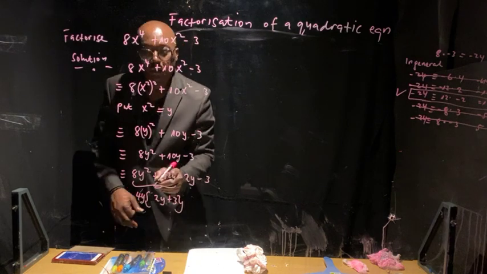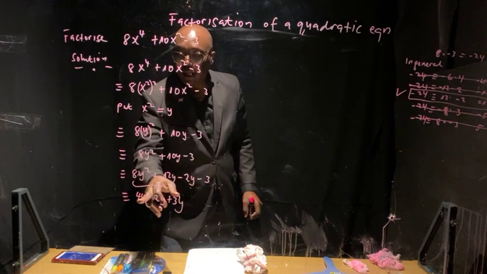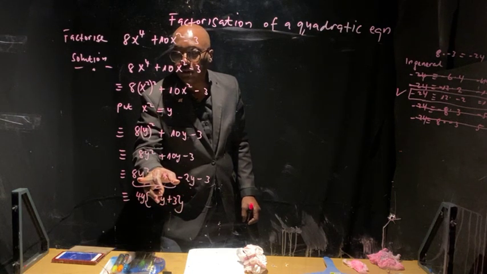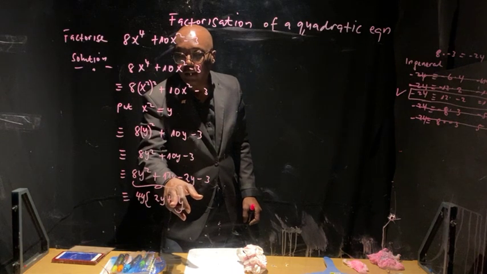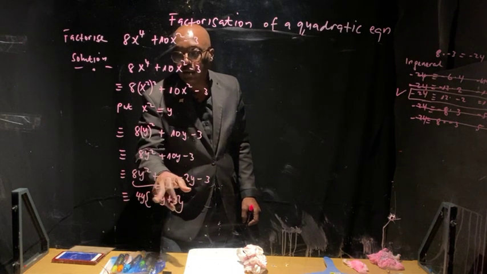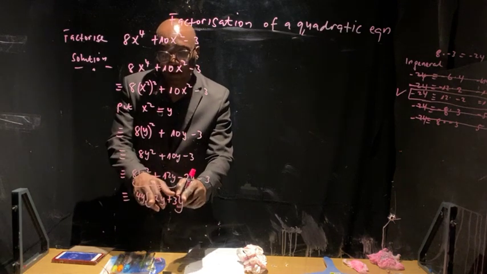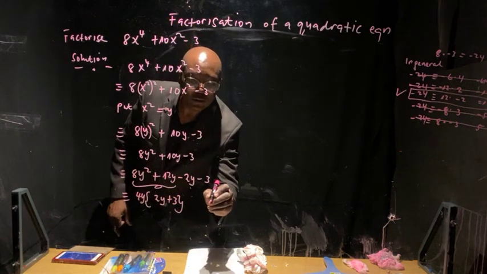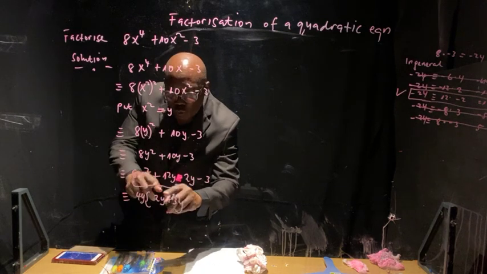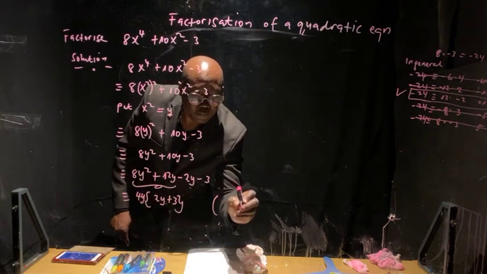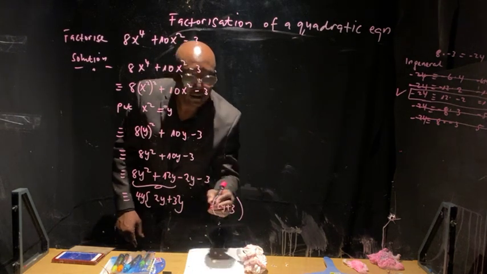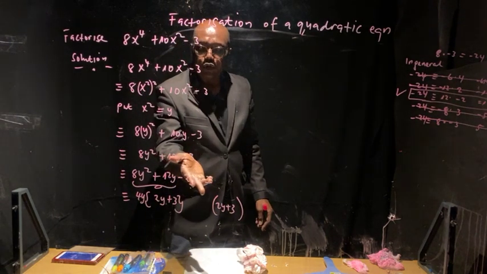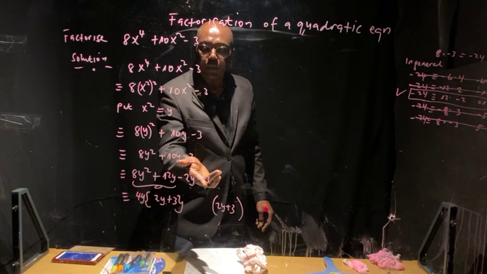Good. Very good. By any means, 4y times 2y is equals to 8y squared. 4y times plus 3 is 12y. This one that I have here, I will impose it here. So me trying to impose this one here, it becomes 2y plus 3. But we have minus 2y minus 3.